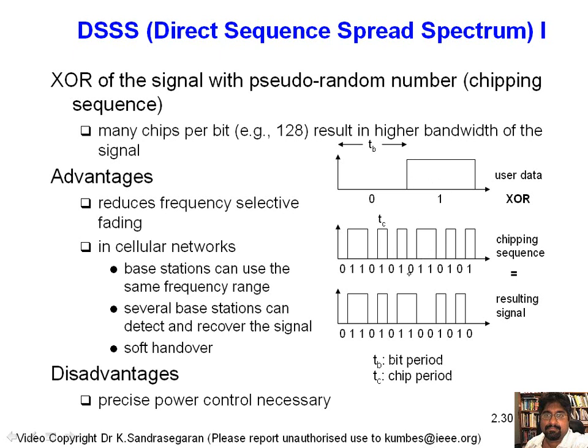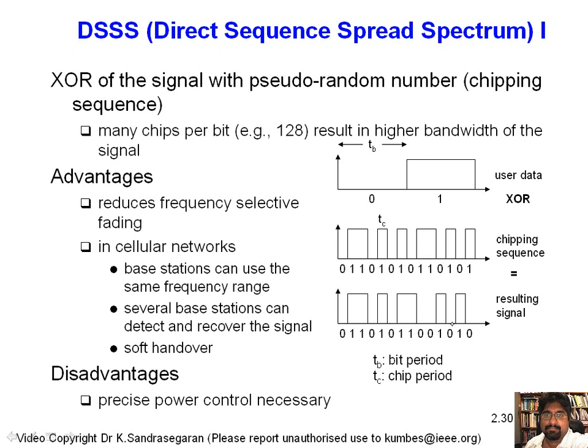So the chipping sequence that we're using in this particular example is, I think, a 7-bit pattern, which goes 0, 1, 1, 0, 1, 0, 1. Every binary bit that the user has is multiplied by this particular sequence. So if this is your input multiplied by the chipping sequence, this is the resulting signal that you obtain.